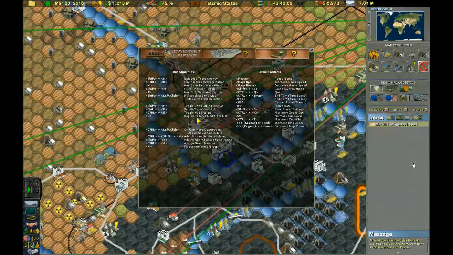I'll get this reconfigured so that the units are more evident.